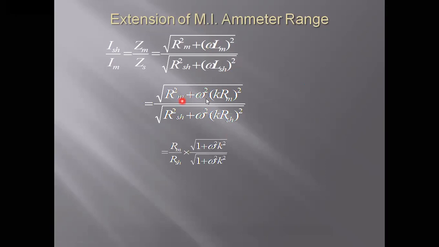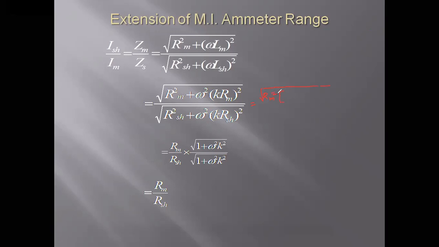Here, Rm is common in the numerator in both the terms inside the root. If I bring it outside, I get Rm squared outside the square root. Let me simplify it. In the numerator, I have Rm squared common.